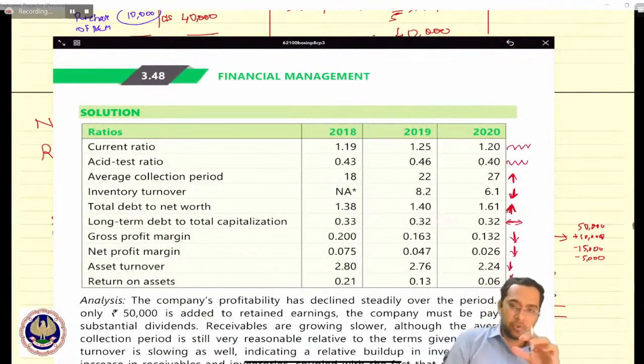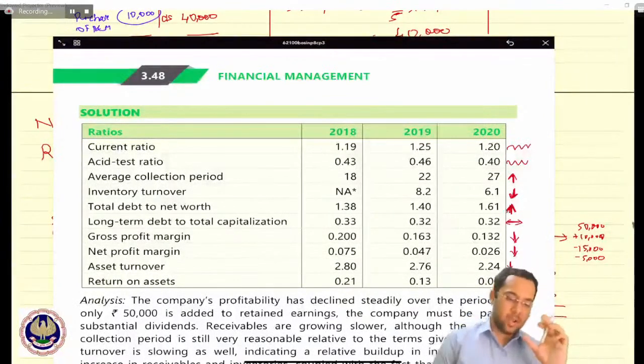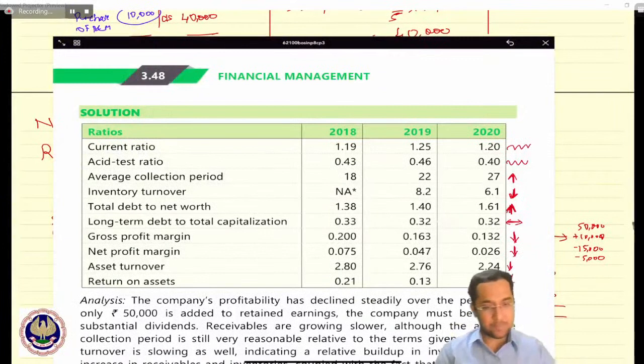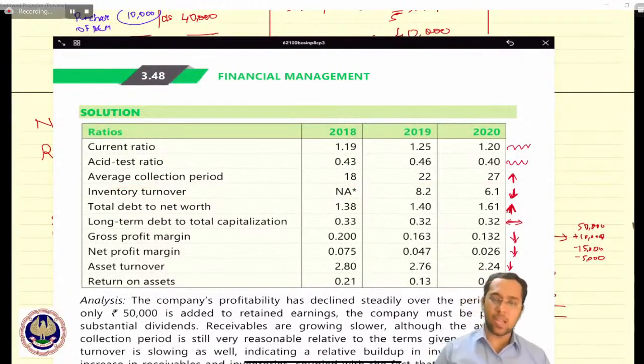So I suppose you would have right now got some idea as to what is happening in the company. Ignoring current asset and asset test, all those things. Average collection period is increasing, sir. It means I'm not able to collect money from my debtors on time as it was earlier. Inventory turnover is reducing.